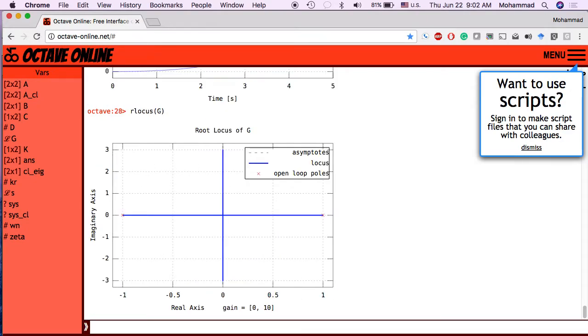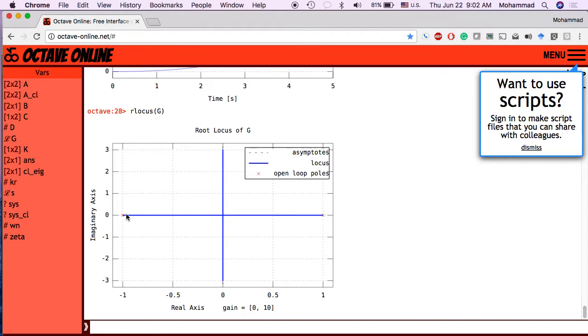So with the proportional controller, remember, we have a pole at +1 and a pole at -1 when open loop. Now when you close the loop with a proportional controller, you simply feed back only the output, multiply it by a gain, and use it as an input.